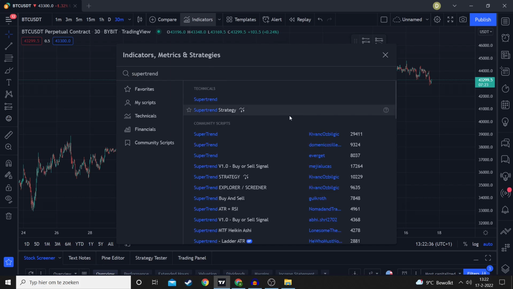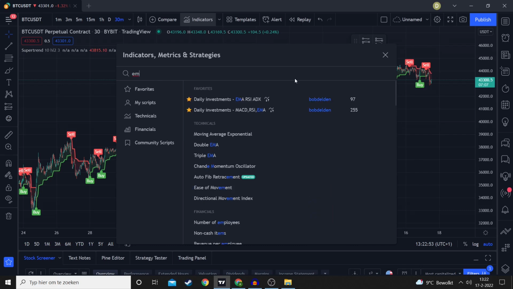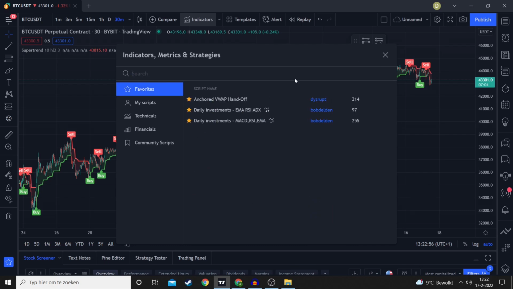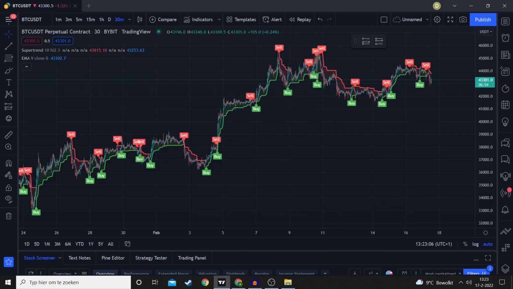The indicator is from KivancOzbilgic. It's a very clear indicator, and the other one I put in is the exponential moving average. It's very important to take the exponential, not the normal average one. So these two are the indicators that I will be using for this video.